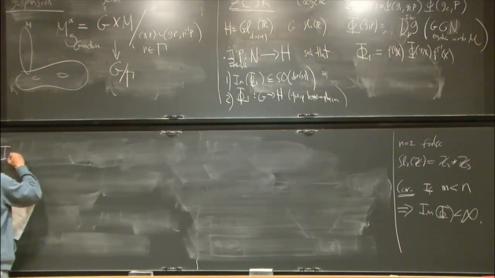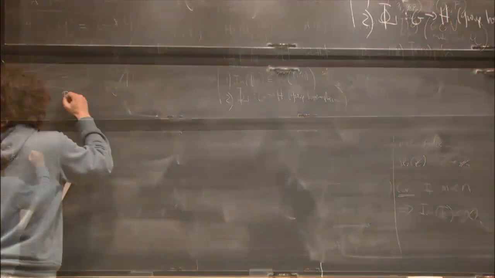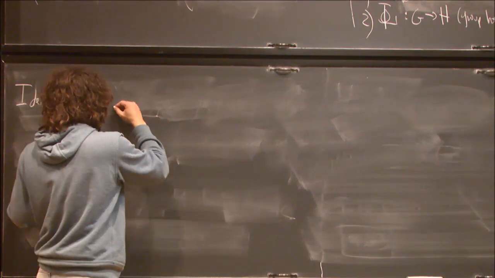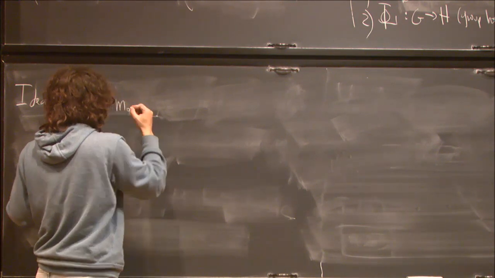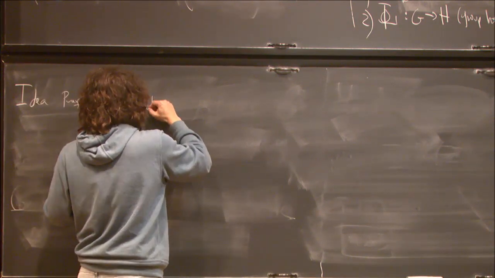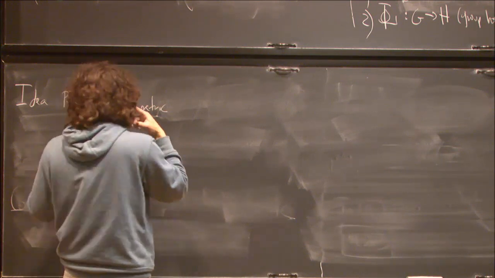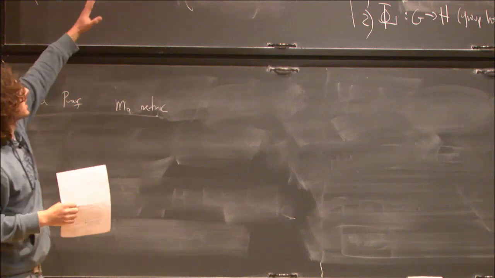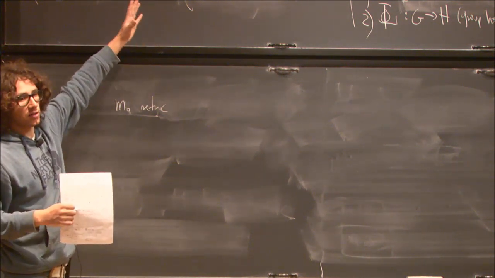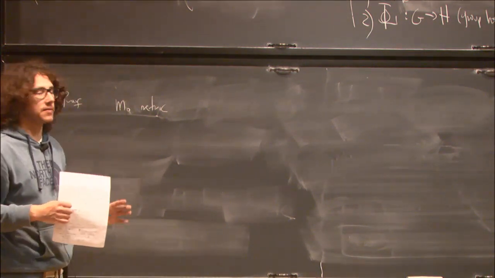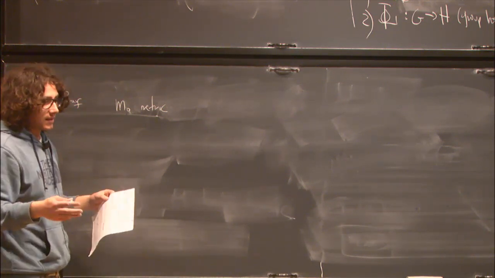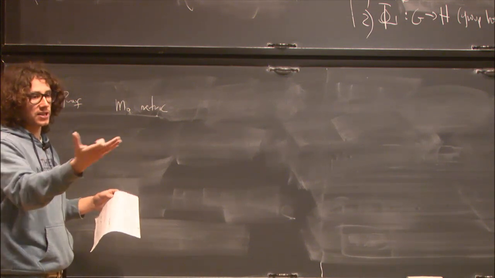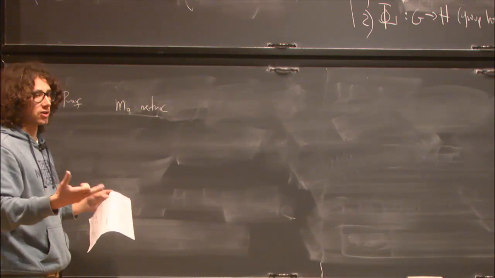So the idea of the proof is the following: we're going to take some metric. You can take the metric on M, or some kind of fiber metric, a metric in each of the fibers, and then I'm going to try to find an invariant metric by averaging this metric over the group.